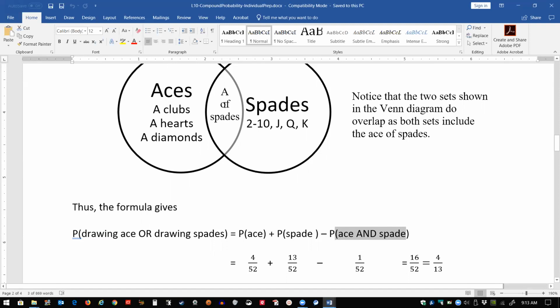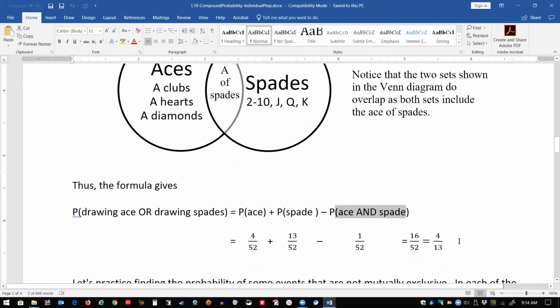And there's one ace of spades, so that probability is exactly 1 out of 52. And now after I subtract that away, I'll get the real probability of drawing an ace or a spade, right? So 16 out of 52 is my actual final answer, or 4/13 if we reduce it.